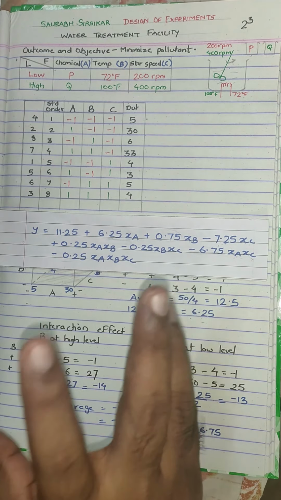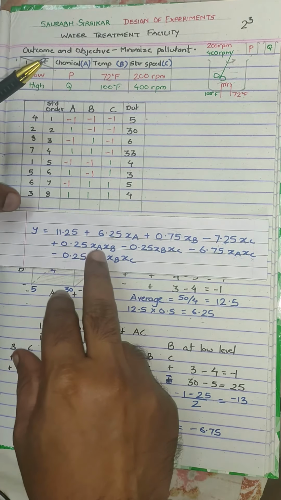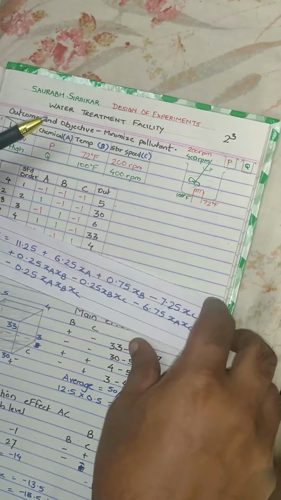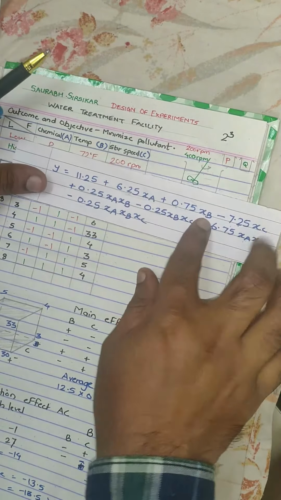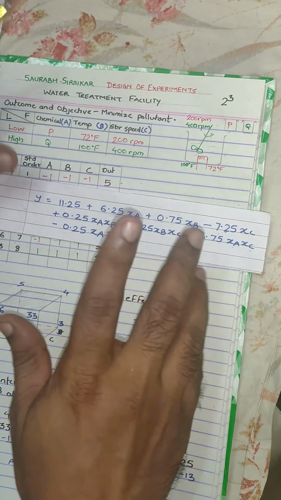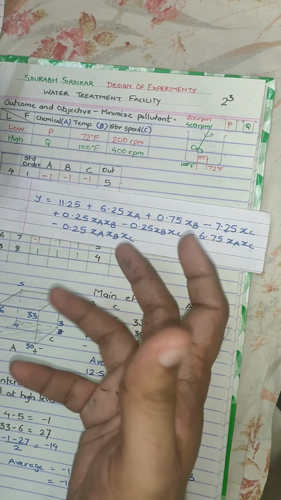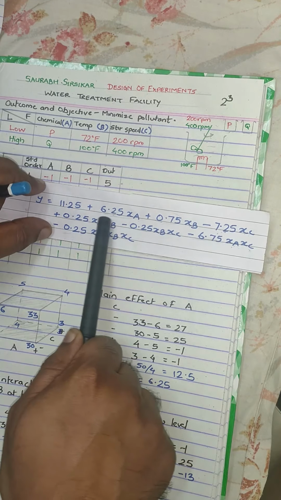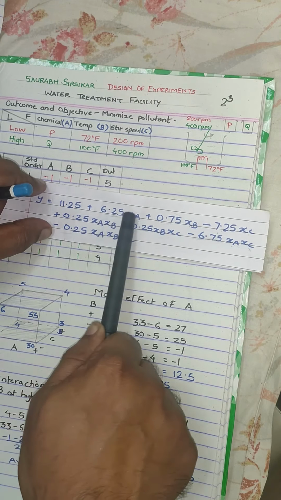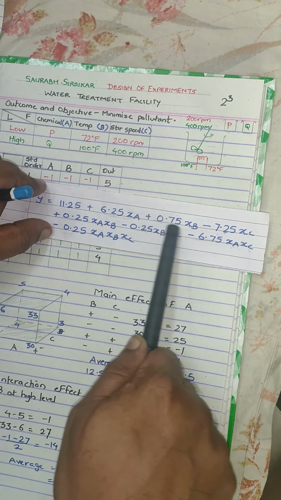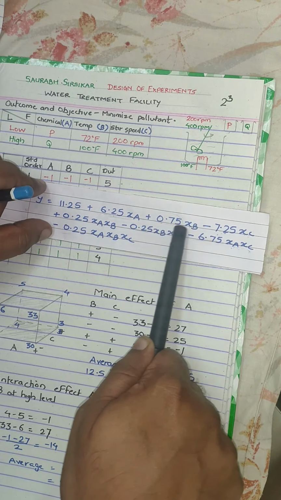Talking about understanding, I want to emphasize that just getting this kind of equation is not going to make any sense unless we interpret it. Here I want to mention that for factor A, you can see the coefficient is quite high, 6.25, whereas for factor B it is slightly lower.